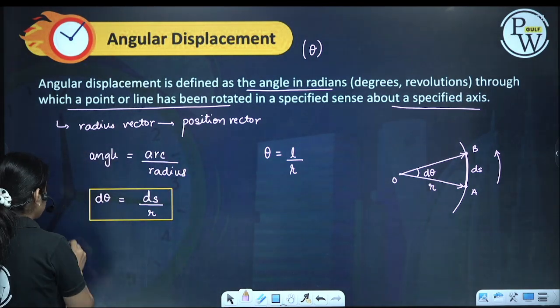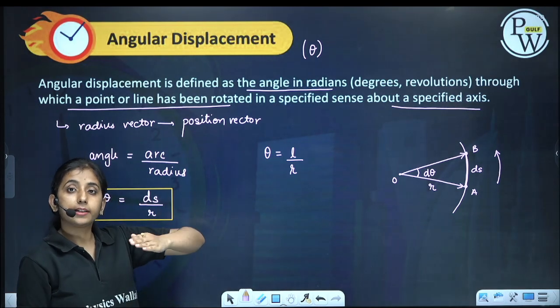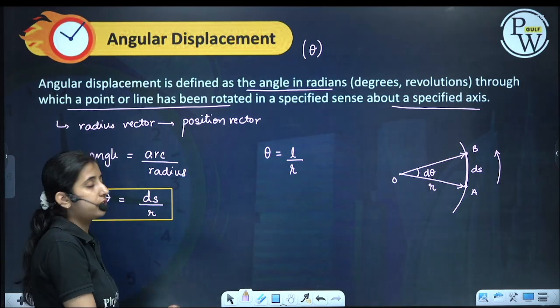Now see, this is my d theta, small angular displacement done in moving by small amount ds along the length of the circular path.